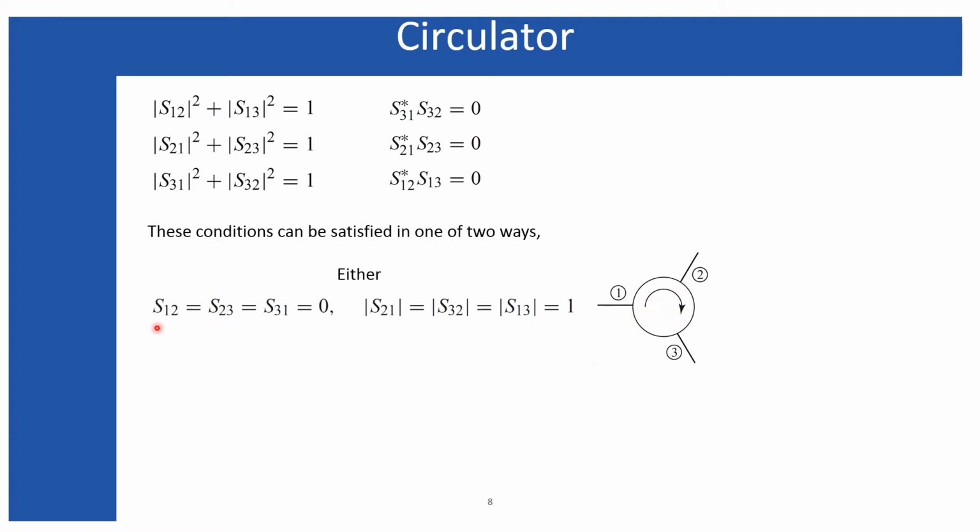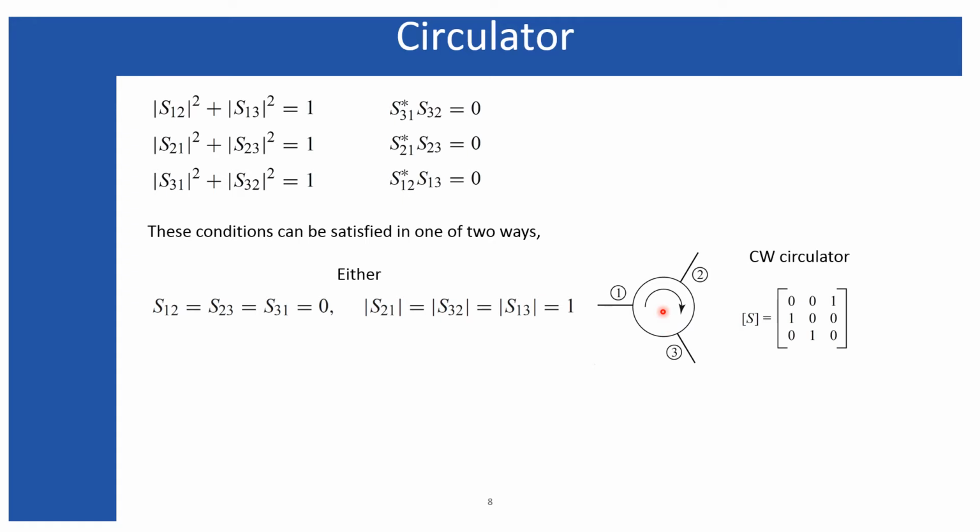But from this condition we can see that S12 is equal to 0. S12 means 2 to 1, so from port 2 to port 1 no signal can propagate. Similarly, port 3 to port 2 cannot propagate, and port 1 to port 3 cannot propagate either, because S31 is equal to 0. Which means the propagation along the opposite direction, that is the anti-clockwise direction, is not possible, whereas these conditions tell that the propagation along the clockwise direction is possible.